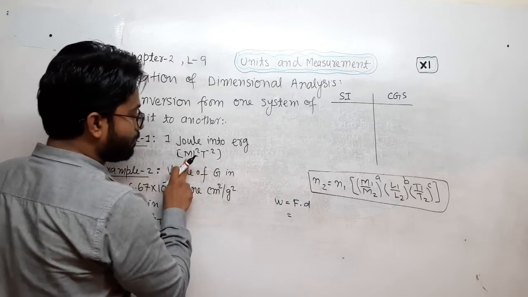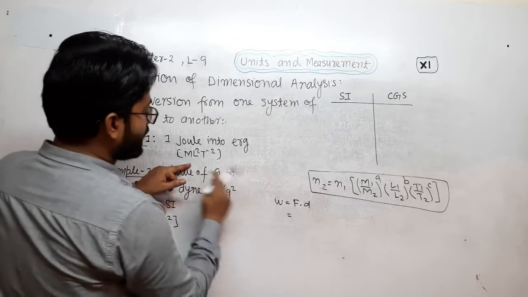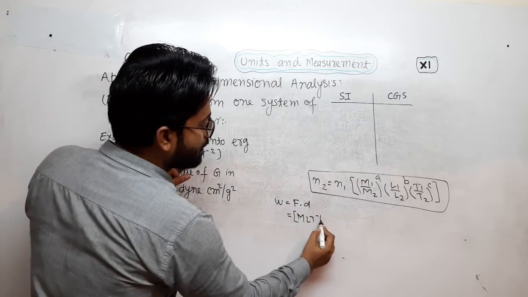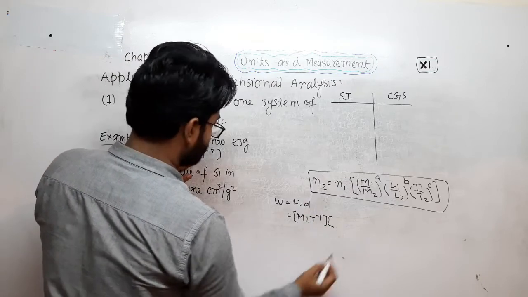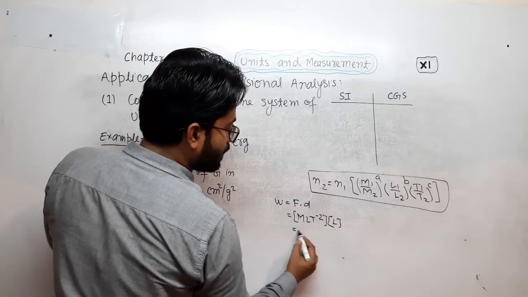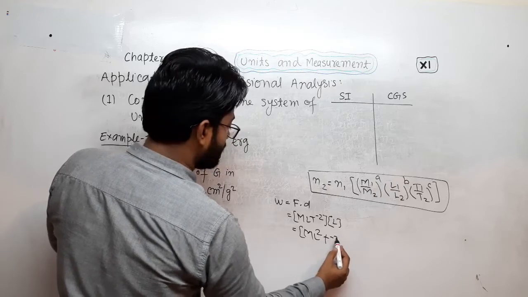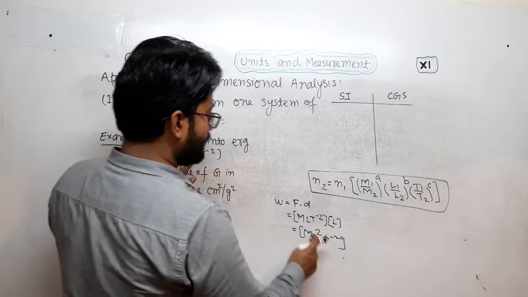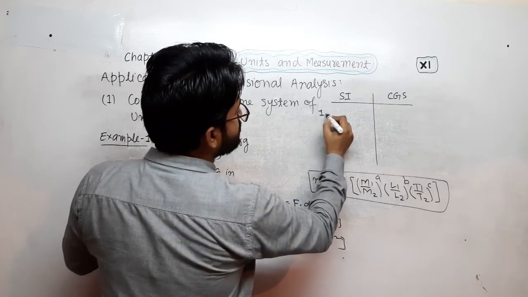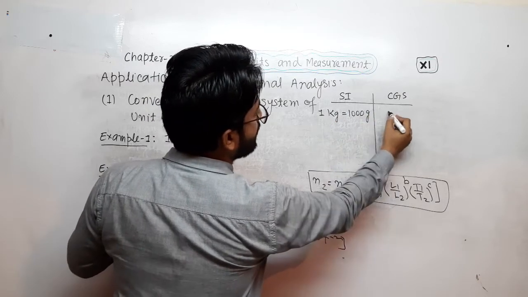The dimensional formula of force is MLT minus 2, and displacement is L. On combining we will have ML squared T to the power minus 2. In place of mass, in SI, mass is 1 kilogram, that is 1000 gram.